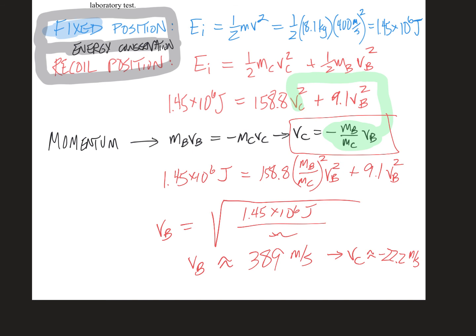I think I just left something off there. Oh yeah, it would not be much because of that fraction there. So that is 9.6. Forgot about how this M B over M C squared is taking a humongous chunk out of that 158.8.